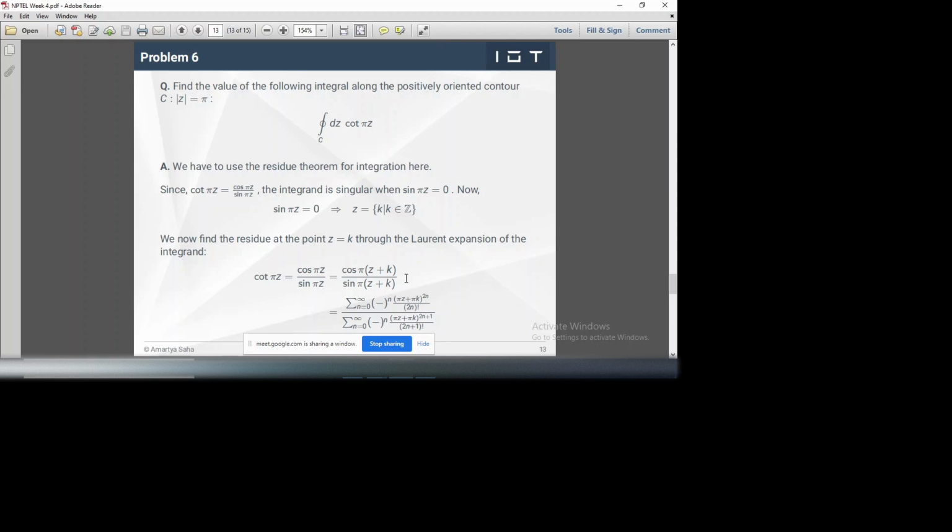So we are actually doing a Laurent expansion around z equal to −k. I have simply substituted the series for cos and sin with the argument replaced by π(z + k), in the numerator and denominator, and this is our series.